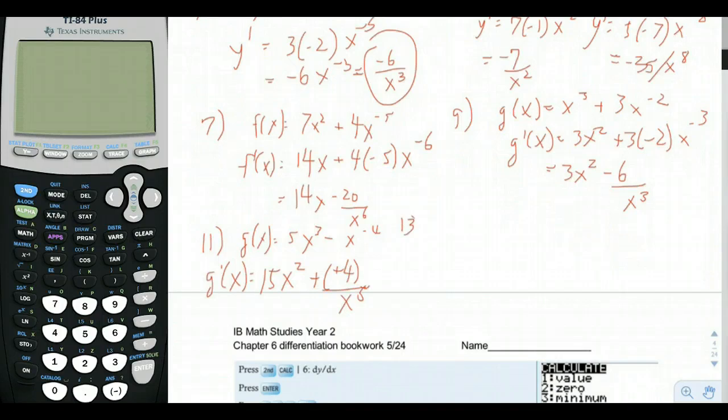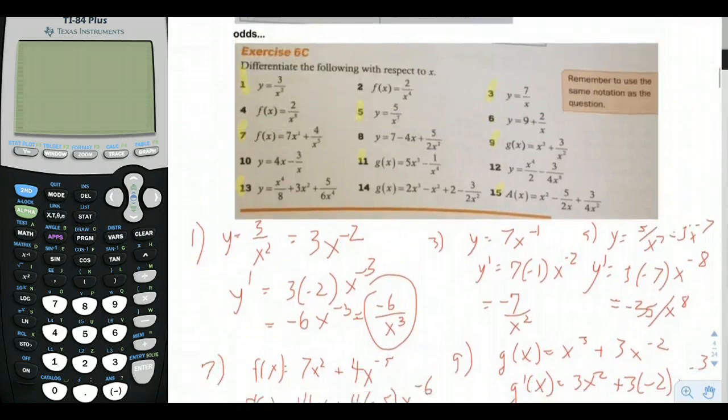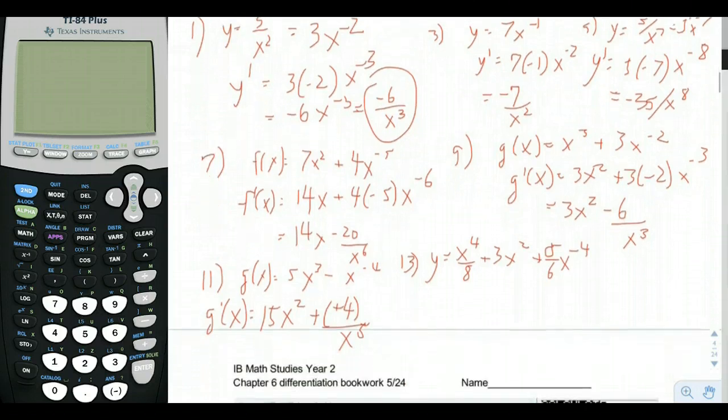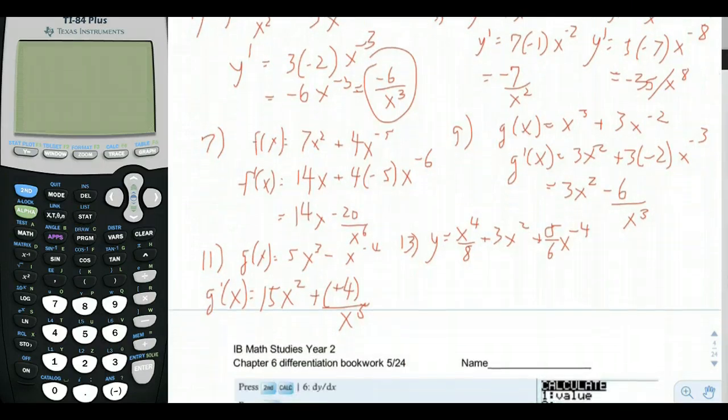Now we'll do number 13. Number 13, that's a fancy one there. Y equals x to the fourth over 8 plus 3x squared plus 5/6 x to the negative fourth. And you notice I just rewrote it so that all the exponents are in the numerator. Now I'm going to take the derivative.